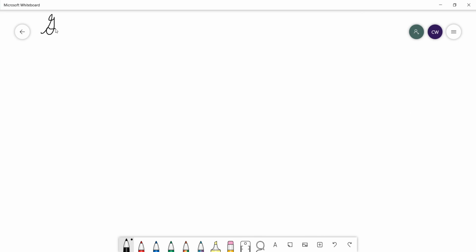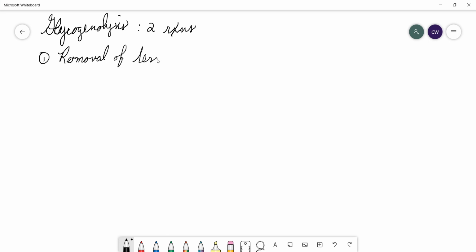For glycogenolysis, there are two reactions. Okay? First reaction is removal of terminal glucoses. Okay?